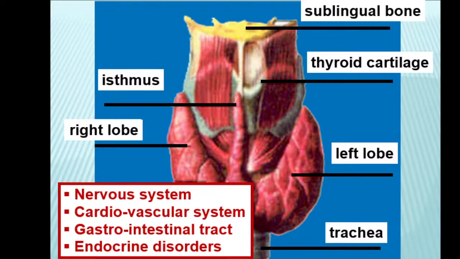First of all, problems with the nervous system, cardiovascular system, some problems with the activity of the gastrointestinal tract, and secondary endocrine disorders. Because we remember the thyroid gland is one of the main glands of the endocrine system which controls the activity of other endocrine organs.